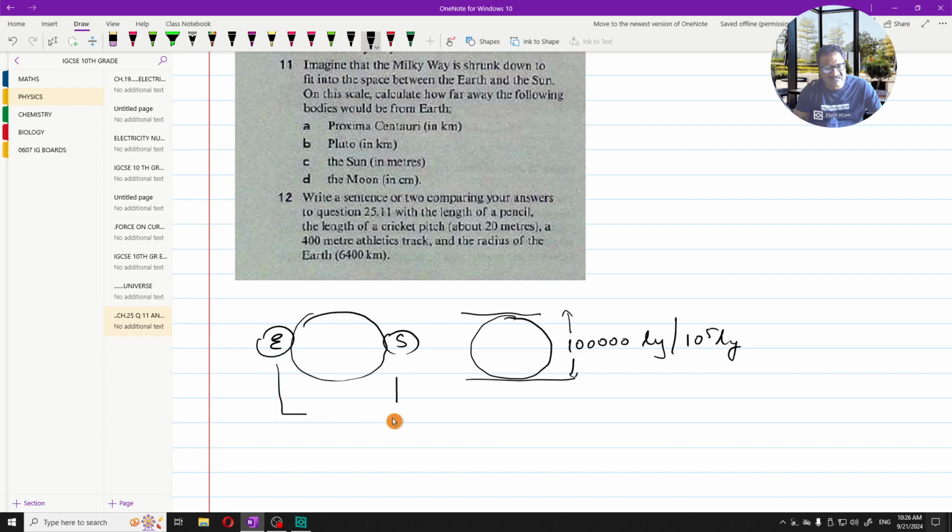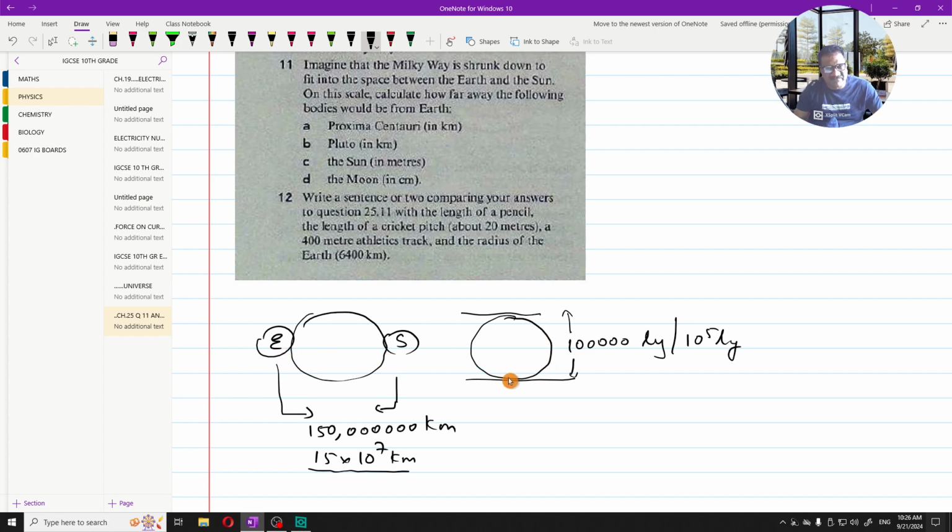The distance between the Earth and the Sun is 150 million kilometers, which can be written as 15 into 10 raised to 7 kilometers, isn't it? So this is the distance between the Earth and the Sun.